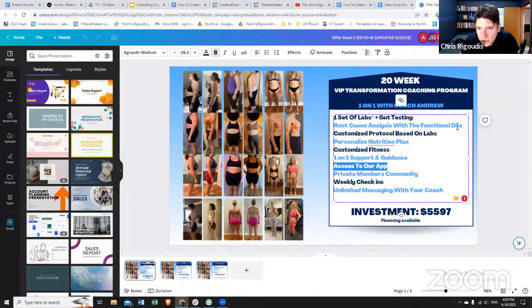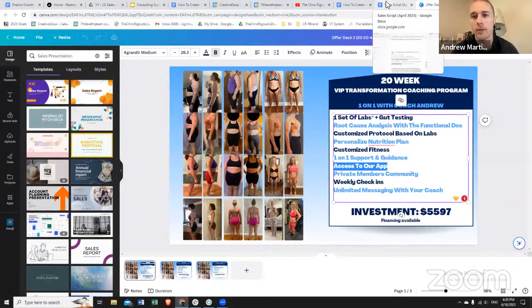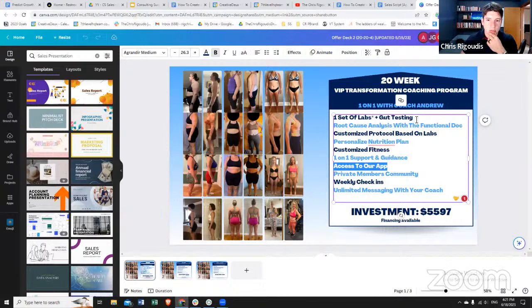Root cause analysis with a functional doc. My first pillar is comprehensive testing. It's labs and gut testing to identify if they have any underlying issues. It's not necessarily the mechanism though. It's kind of like the vehicle of the mechanism. So should that almost be second? No, that's going to be the big problem.